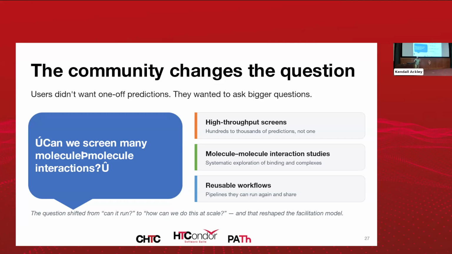They wanted to run complexes across hundreds of thousands of proteins and use it as almost a process akin to docking, for those of you that might be familiar with that workflow. And so, again, this started to shift the question from how do we support AlphaFold at CHTC and the OSPool to how do we start to scale this out even further?